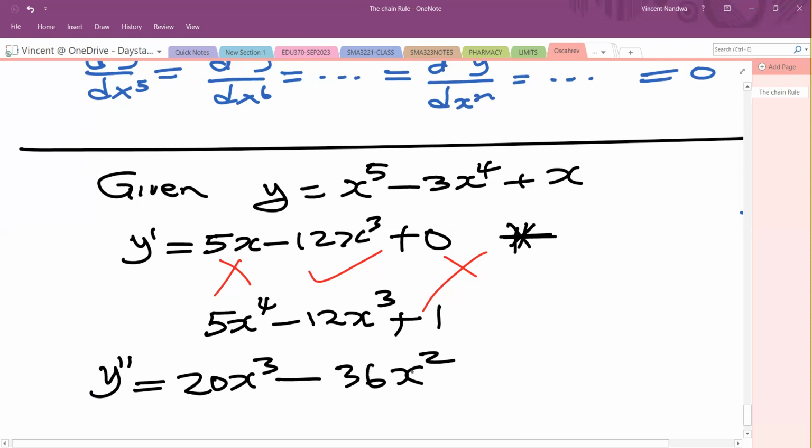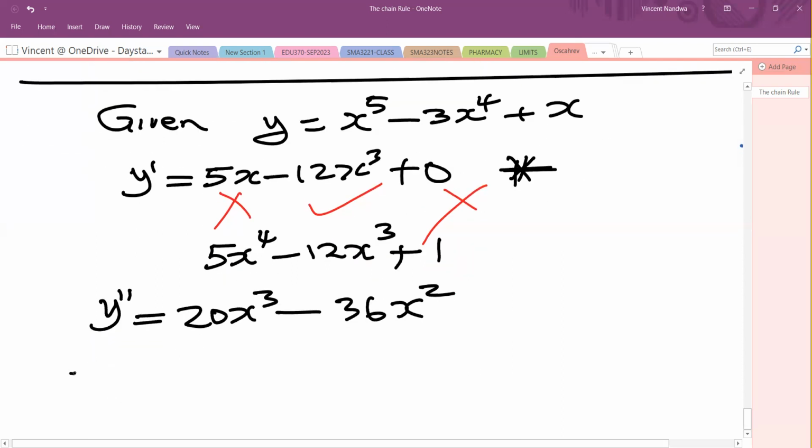So we don't have to write that 0, okay? Then that derivative is 60x power 2 minus 72x.